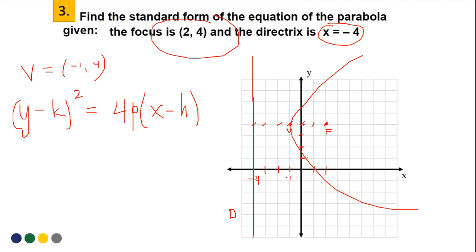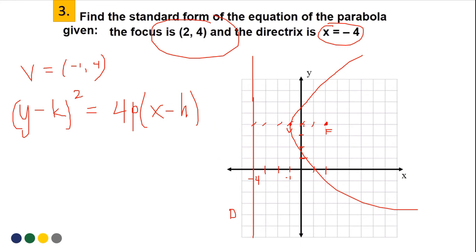Directrix tas focus po. Very good. If we're going to solve the value of 4P, could be two possible answers: the distance between vertex to focus or the distance between vertex to directrix.